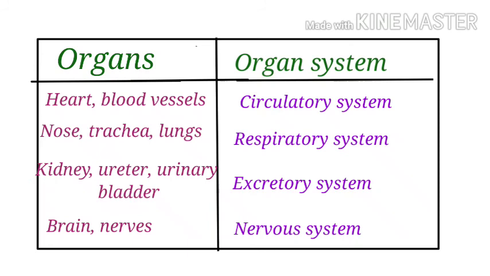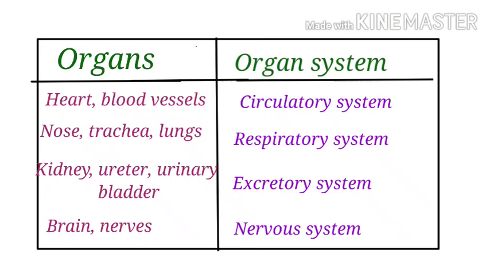Physiological functions are smoothly carried out by the combined action of many organs. For example, the digestive system. Digestion is a process of breaking down the complex food we eat into simple nutrients. This digestion process is carried out by different organs such as the mouth, stomach, then the small intestine, etc. So many organs combine to form a digestive system.